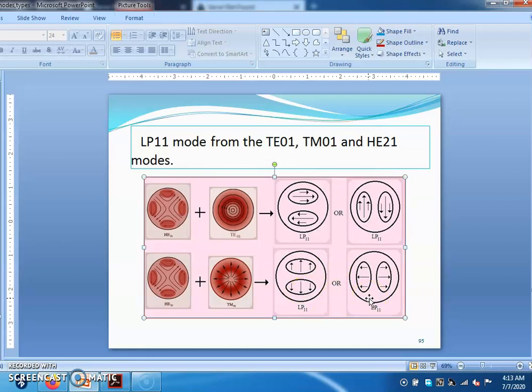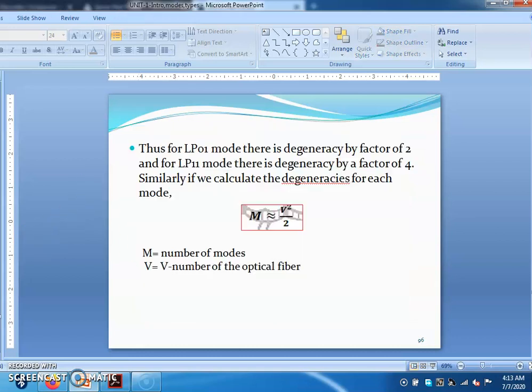These are the degeneracy values. For LP01, there is a degeneracy by a factor of 2, that is either horizontal polarization or vertical polarization. Similarly, we can calculate the degeneracy for each mode.